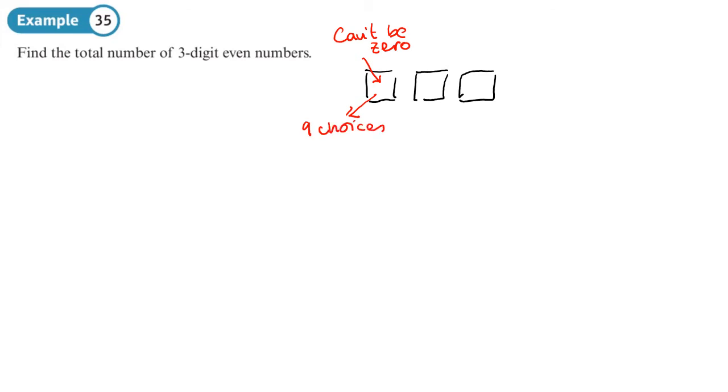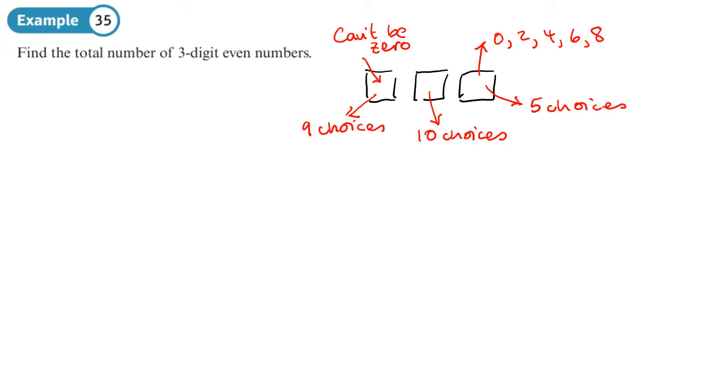The second digit can include 0, so there's 10 choices for the second digit. Now the number needs to be even, so the last digit can only be 0, 2, 4, 6, 8. So there are 5 choices for the last digit.